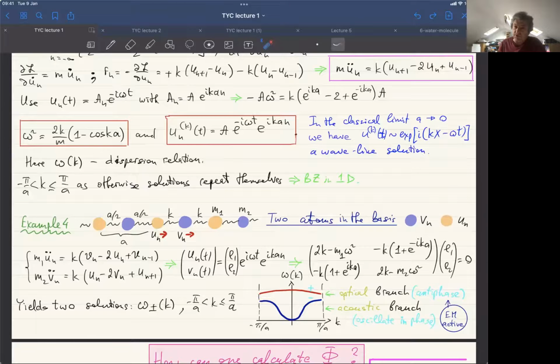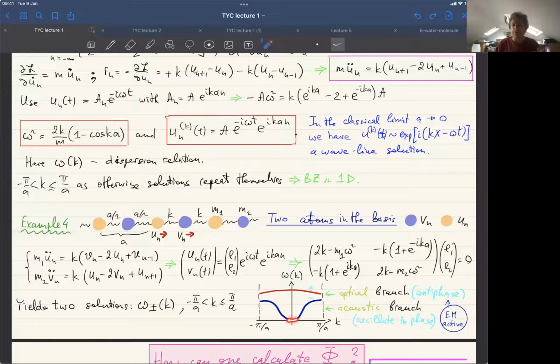But in the case of the one-dimensional diatomic system, you have two solutions. One goes to 0 at k equals 0, and omega changes linearly with k at small k. Another at k equals 0 has a finite omega. This is the optical mode. In the optical mode at small k, atoms oscillate in opposite directions.